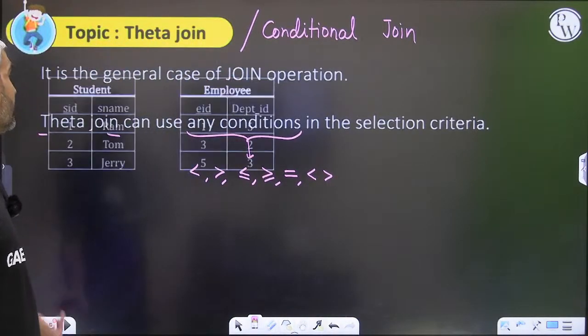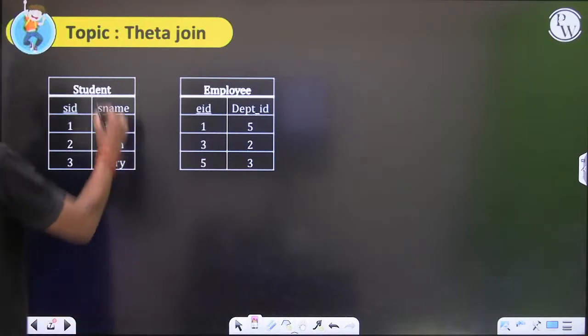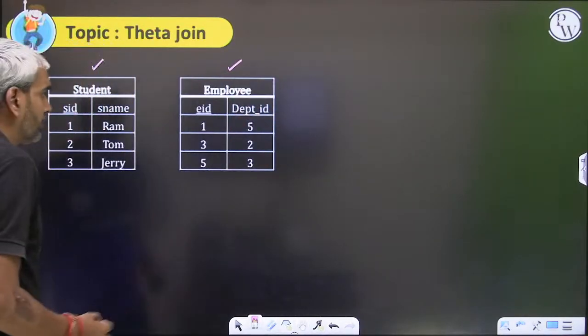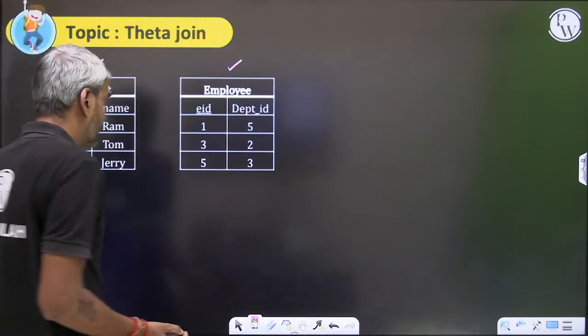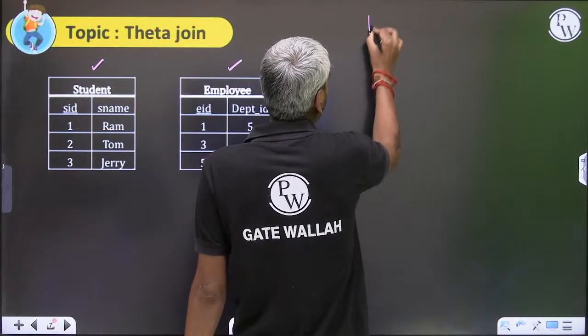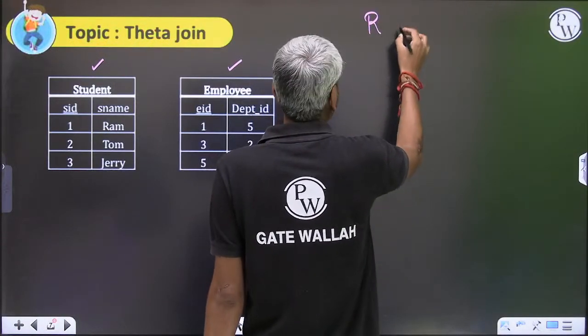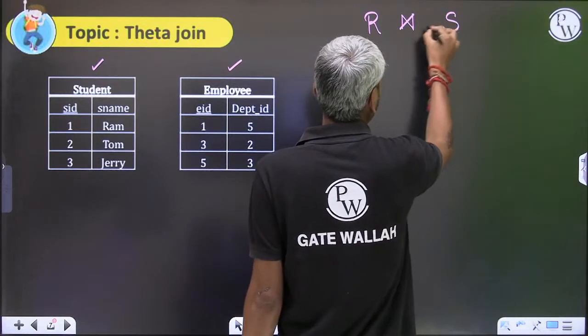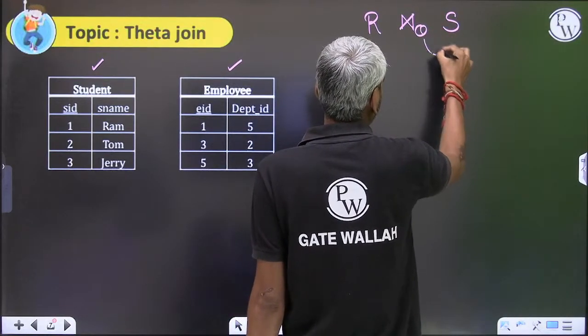So it can use any condition to join the tuples. Let's take an example. Let's assume that this is your relation student, this is your relation employee. Generally, we'll define the theta join using, let's assume this is your relation R and this is your relation S, then we specify this theta, which can be any condition.